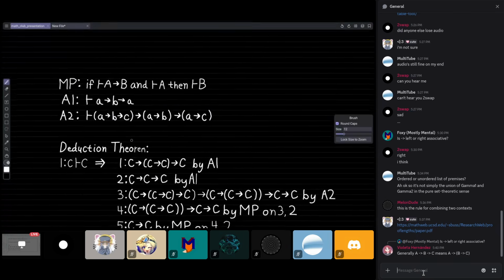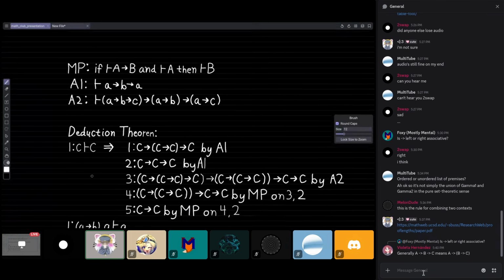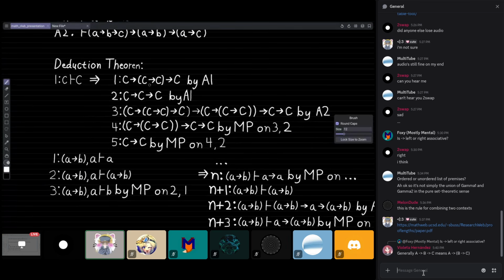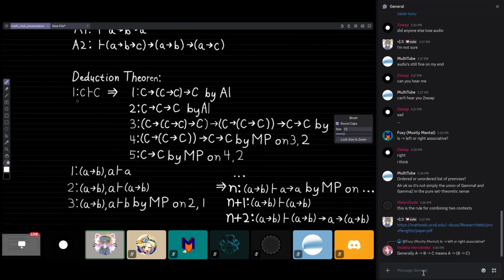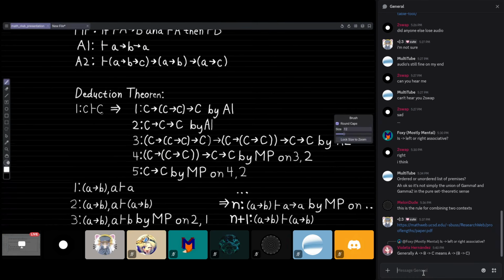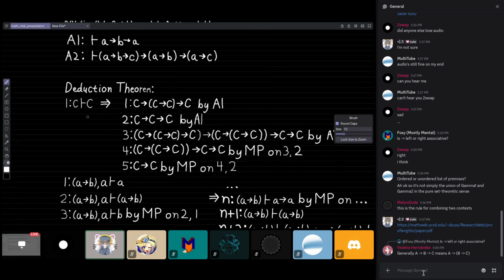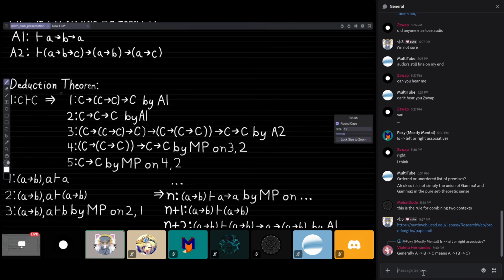So this is an example of using the deduction theorem with one hypothesis in a Hilbert style system. This step here is of the form can derive a hypothesis, so you just use the construction for proving C implies C, which is that mess.